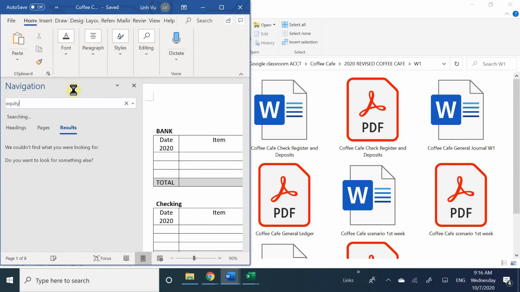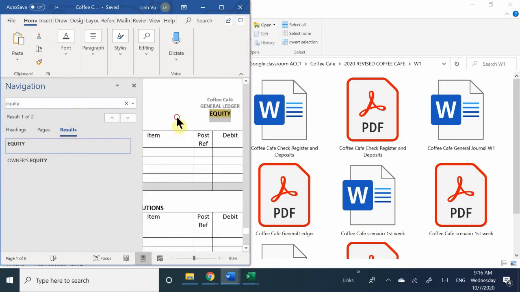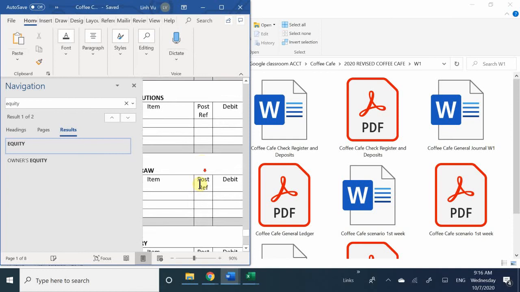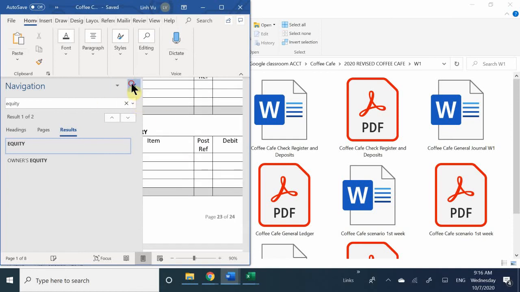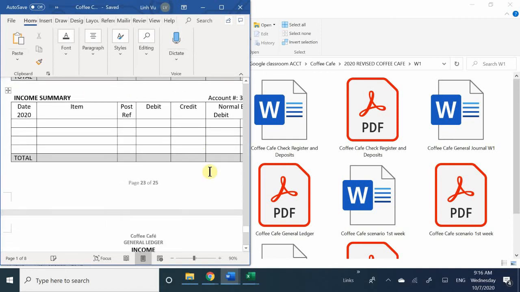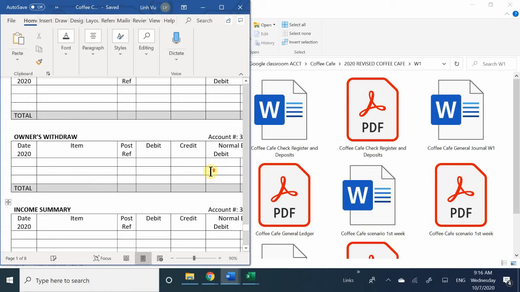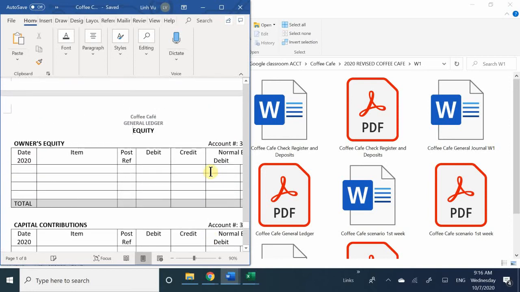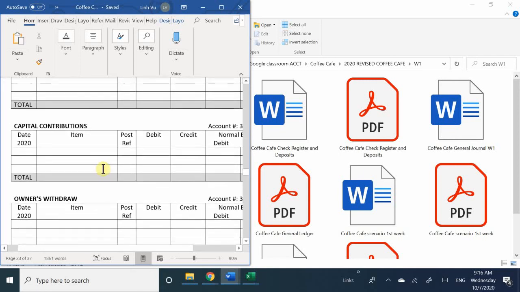So your equity account is going to be on page 23 out of 35. All right. Are you able to locate it? Yes, thank you. Mm-hmm. All right.